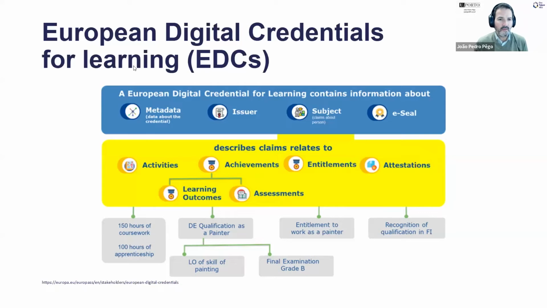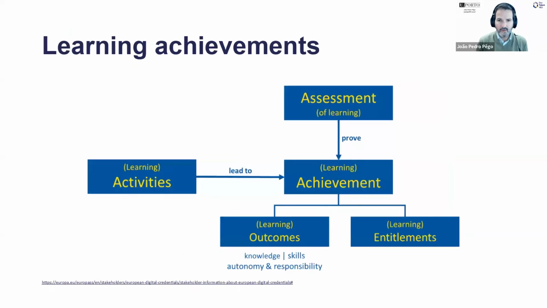So once you have the metadata about the digital credential prepared, and you join the metadata about the owner and the data of the issuer, you can seal it using a so-called electronic seal, and then it becomes tamper-proof. So how does the workflow of information run?